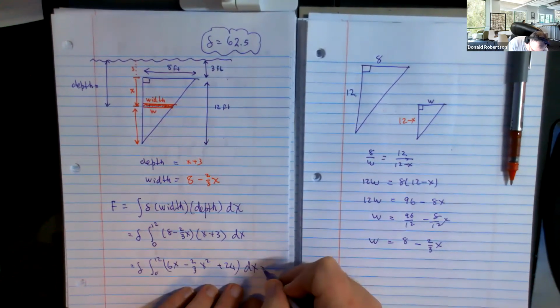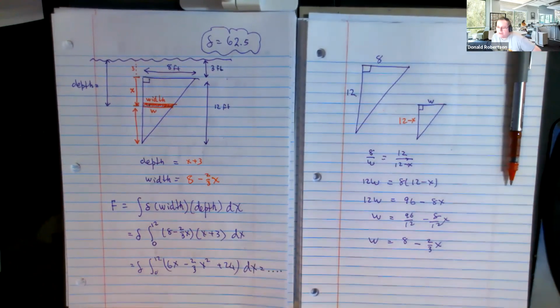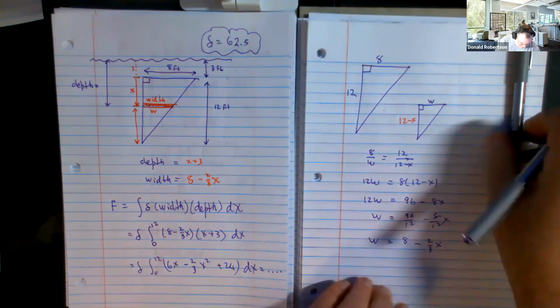And at this point, I'm just going to do it, right? Would you agree that's just a big ugly power rule with even uglier numbers? And eventually you get 412,000 or something. Thumbs up, we are good.